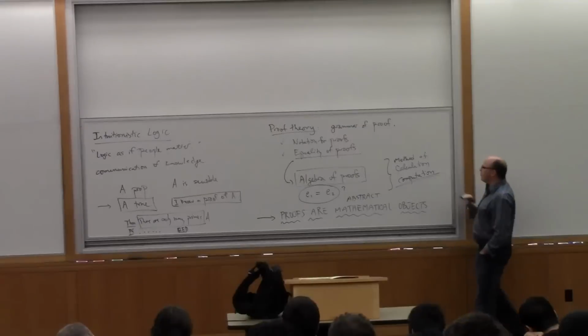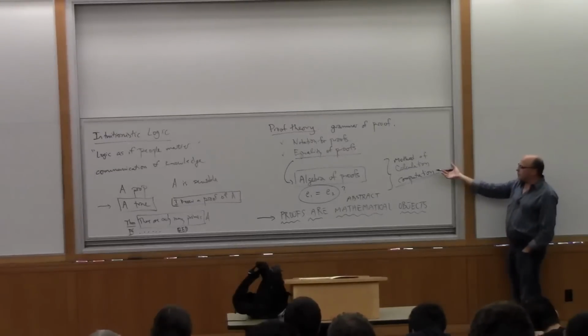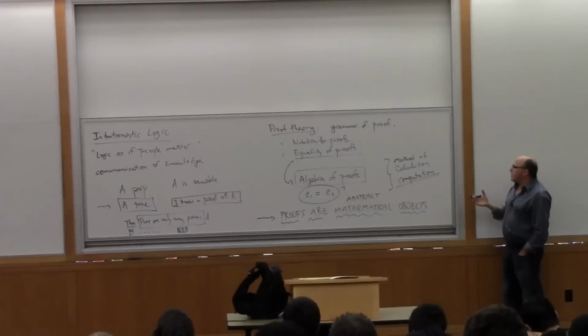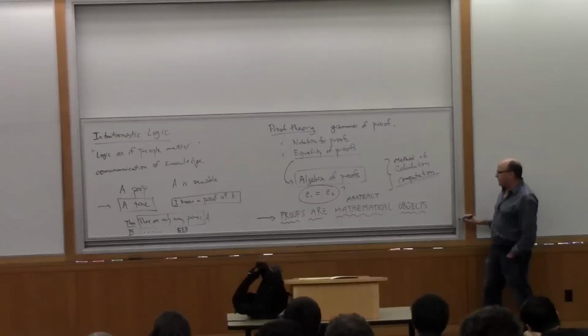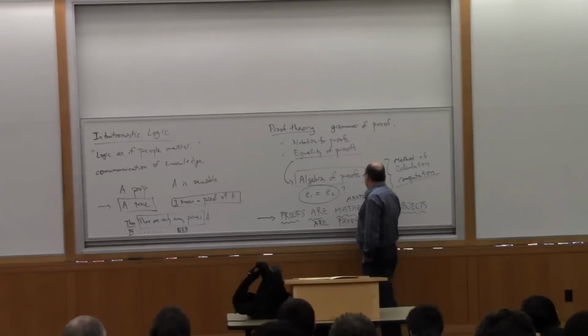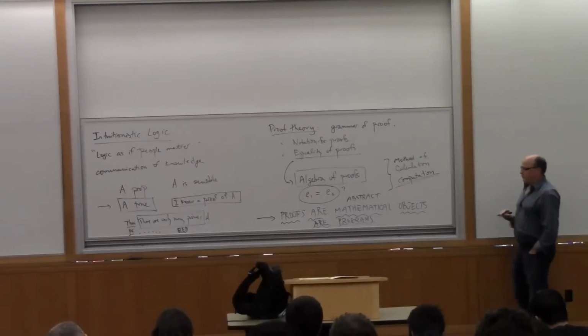Okay, so that's an important point: by thinking of proofs as having an algebraic structure, that algebraic structure gives rise to a notion of calculation. That notion of calculation is a model of computation. Okay? So what we're going to have is a notion where proofs are programs. Proofs are mathematical objects, and in fact proofs are nothing other than programs, computer programs, things that can be executed or calculated with.